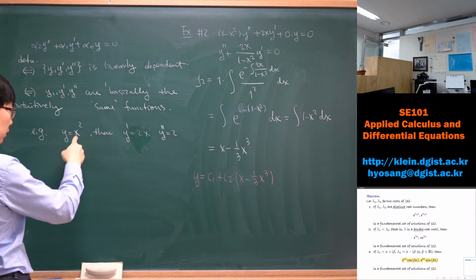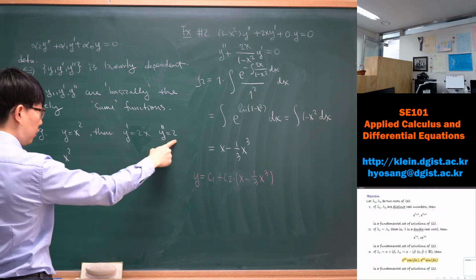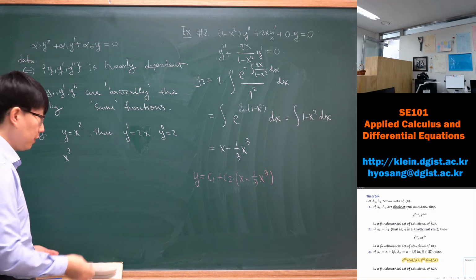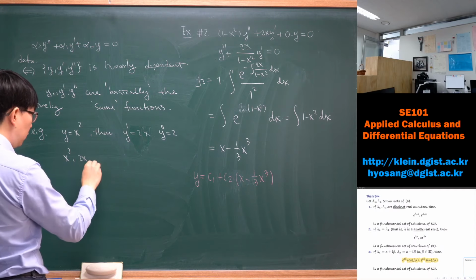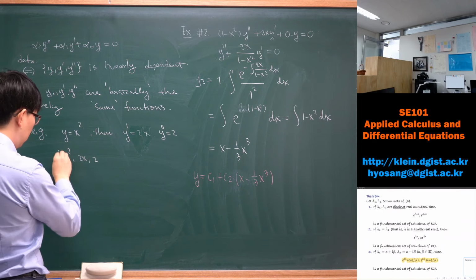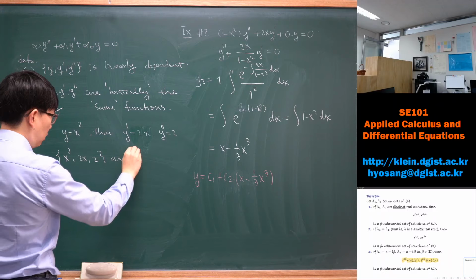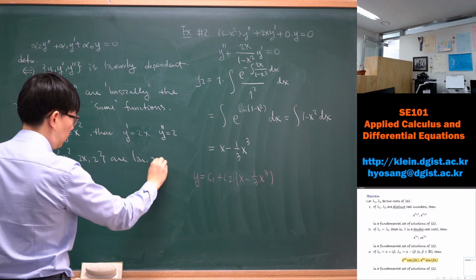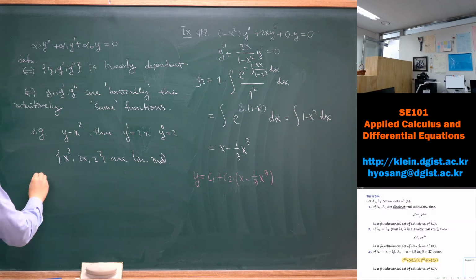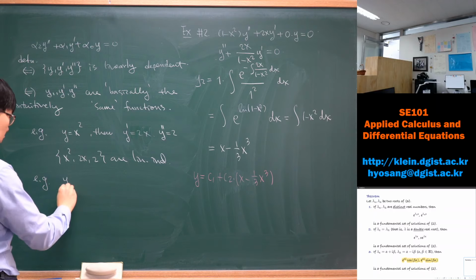And these three functions, x squared, 2x, and 2, are all different functions. They are not linearly dependent. They are linearly independent.